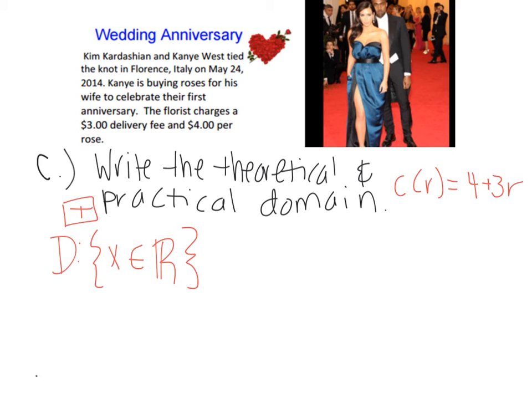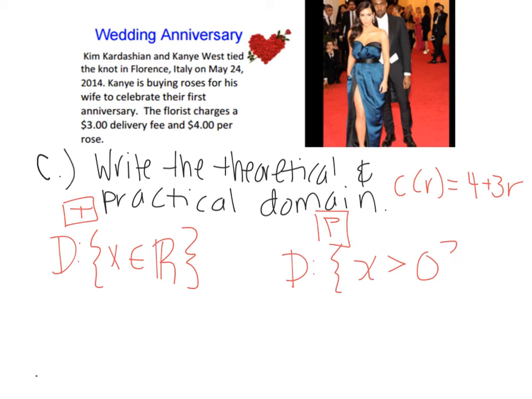My practical domain, on the other hand, can Kanye give Kim a negative rose? No, not really. And can he give her half of a rose? No, he can't. So my practical domain is any number that's greater than 0.